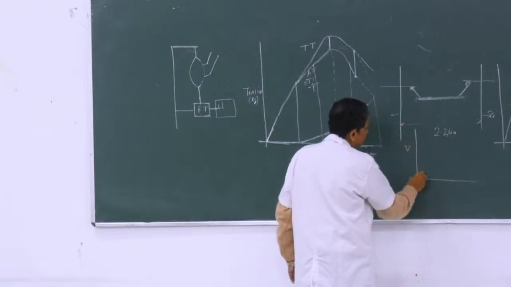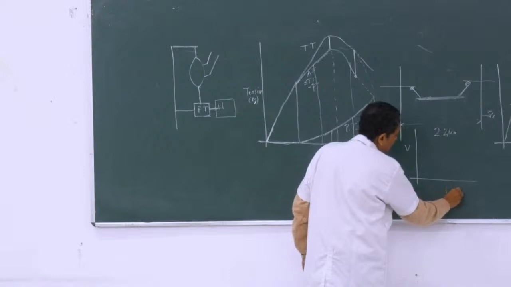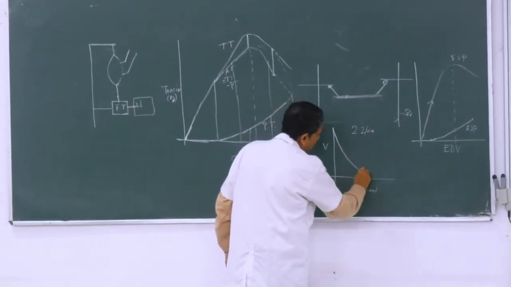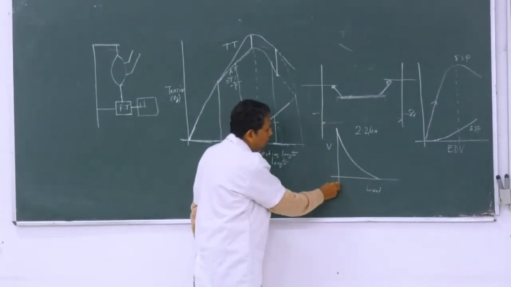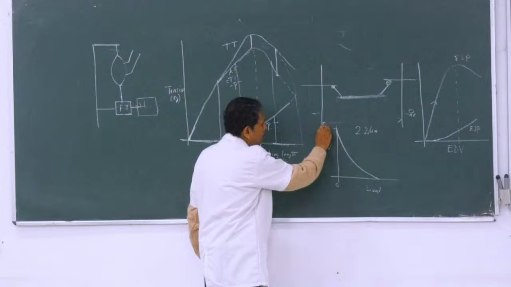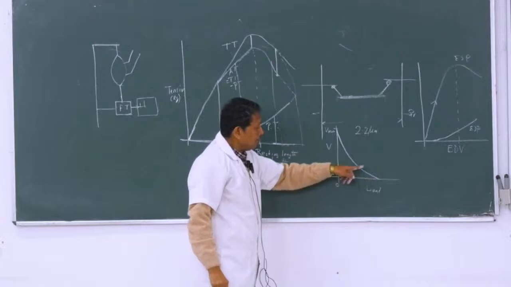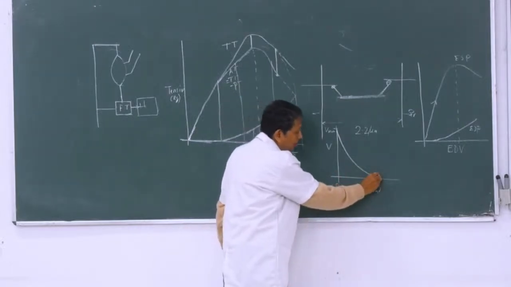It is the velocity and the load. When the load is 0, velocity is maximum, Vmax. At this slight load, there is no velocity, so it is the isometric condition.